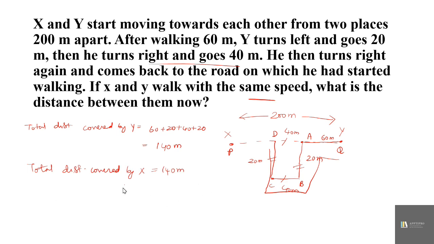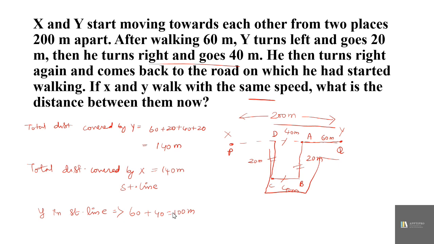But X goes in a straight line. If Y covers the distance in a straight line, then the distance would be 60 plus 40. That is 100 meters.